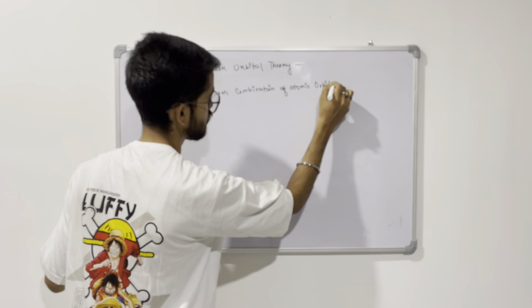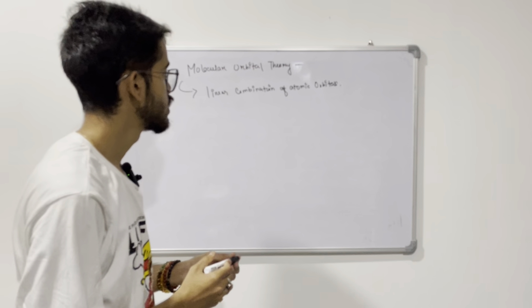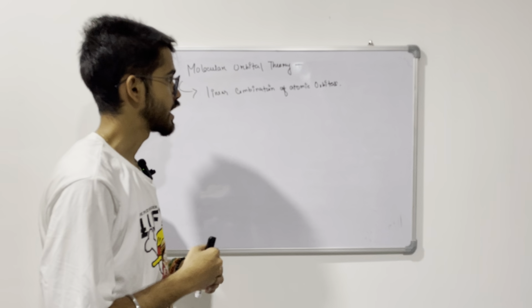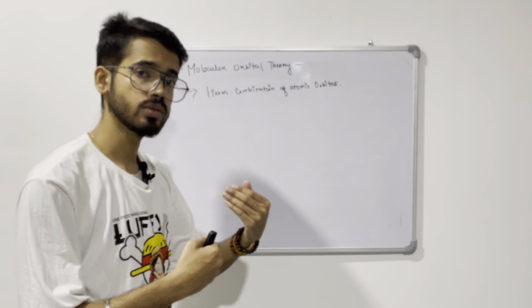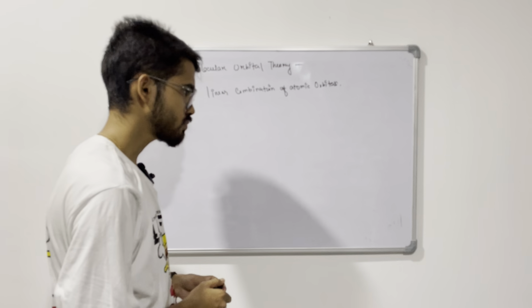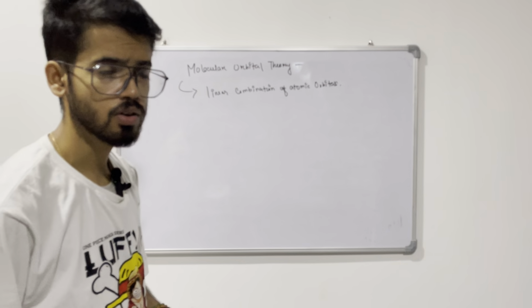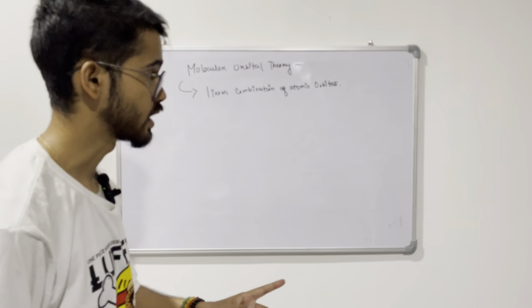That means in molecular orbital theory, we take the combination of atomic orbitals of two different atoms or elements. But in hybridization, we see only mixing of atomic orbitals of the same atom. That is the main difference.